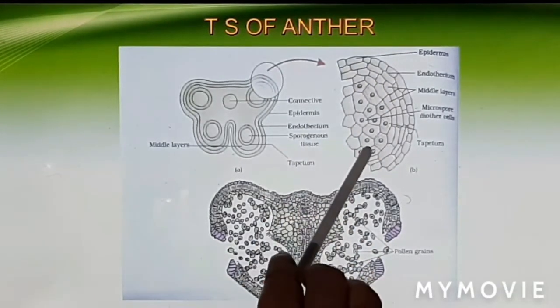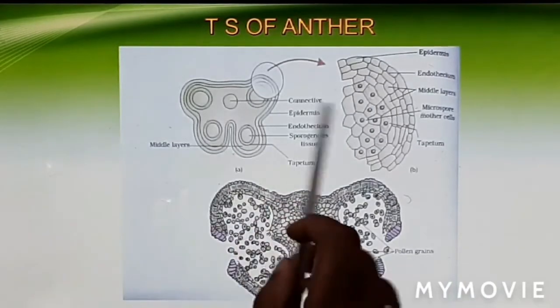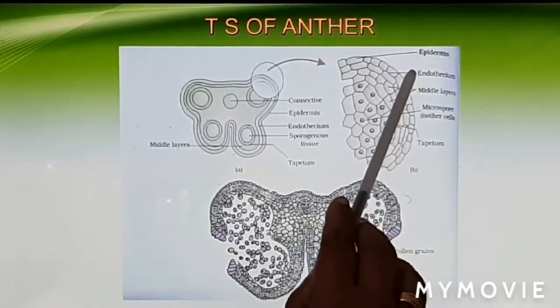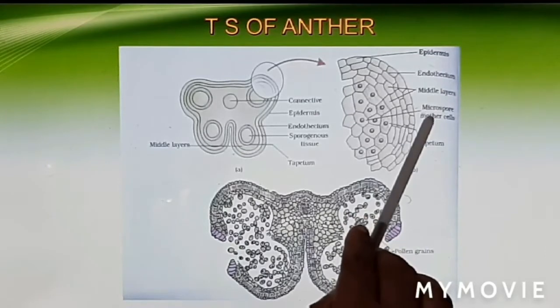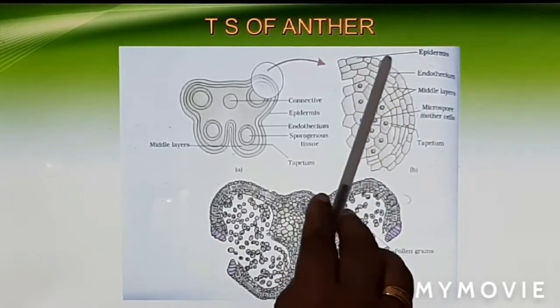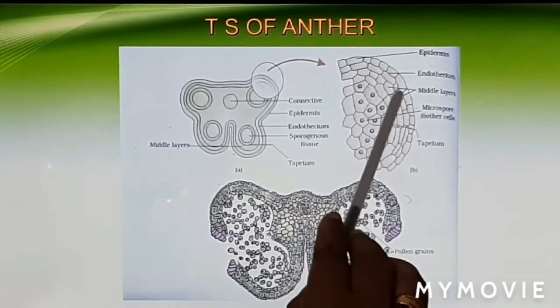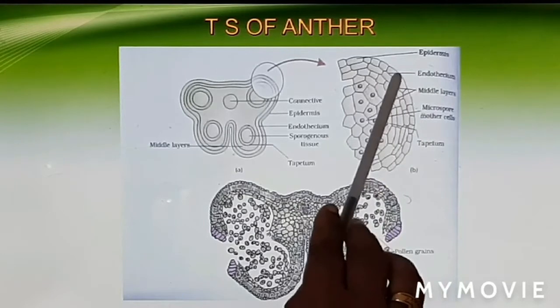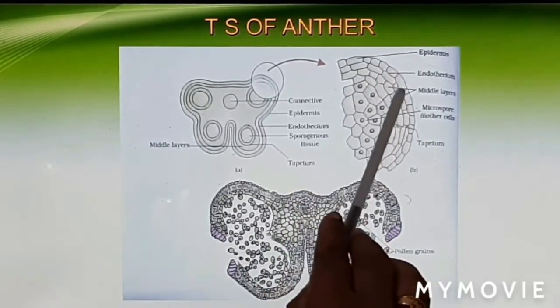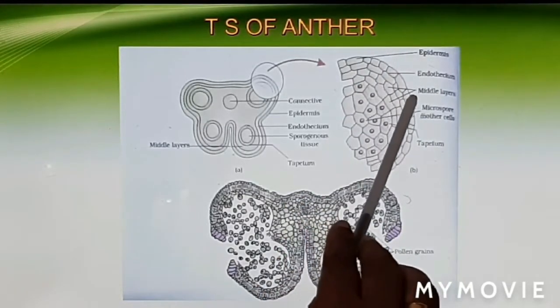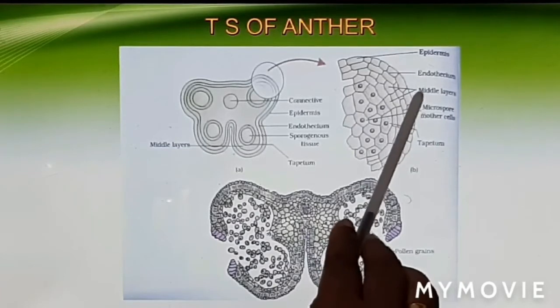It is surrounded by four wall layers: epidermis, endothecium, middle layers and tapetum. The outermost layer is the epidermis. Inner to the epidermis, there is a single layer of endothecium. Inner to endothecium, two or three layers of middle layers are located.